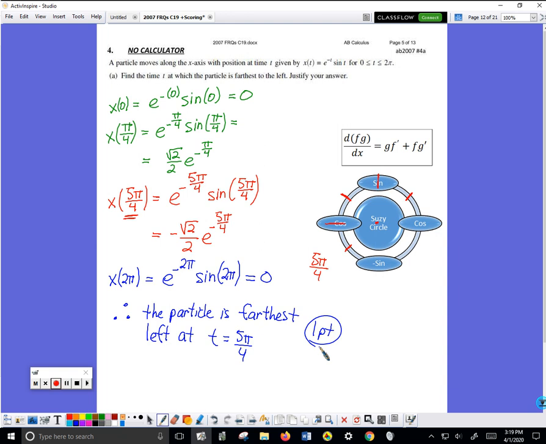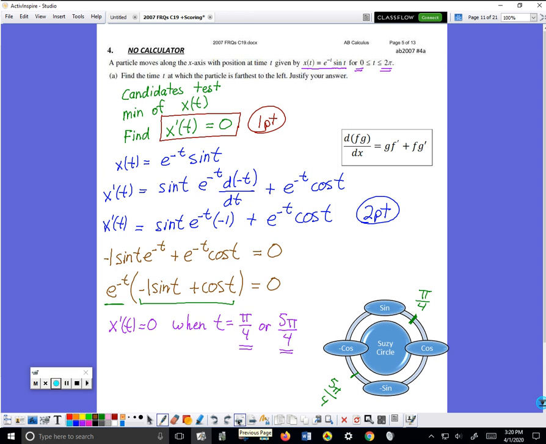The 4 different checks here, the candidates test basically, including the green, the red, and the blue, that was worth 1 point as well. So this problem here, 4a, is worth 5 total points. Again, the way the points were awarded is you earned 1 point for recognizing that you had to figure out when x prime is equal to 0.